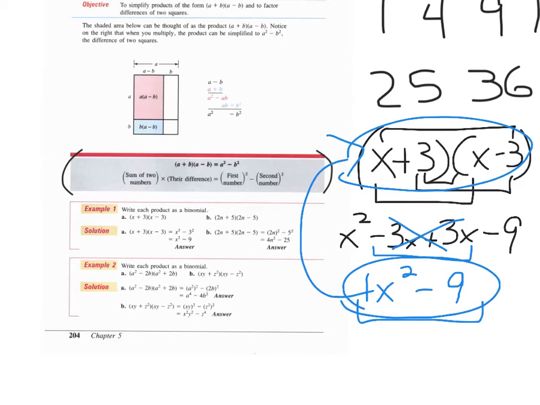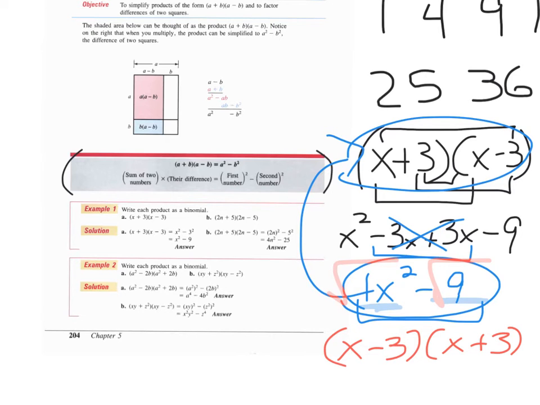So what you're going to do is you're going to look at these two numbers. If they're perfect squares, the fastest way to do it is to find the square root of each of them. So the square root of 1x squared is x. The square root of 9 is 3. And then you make one plus, one minus.